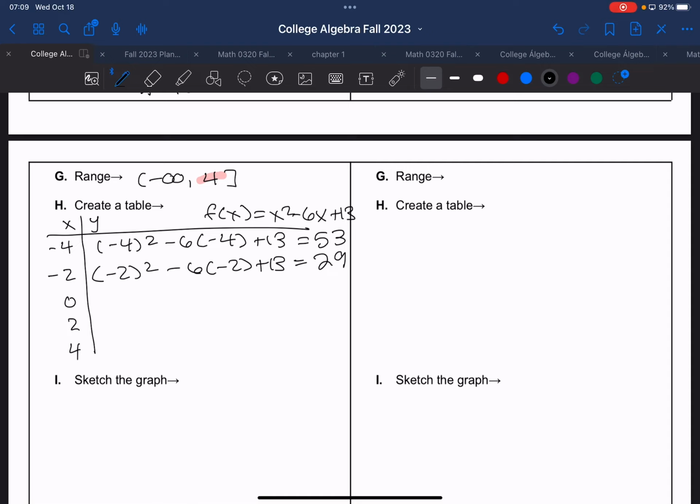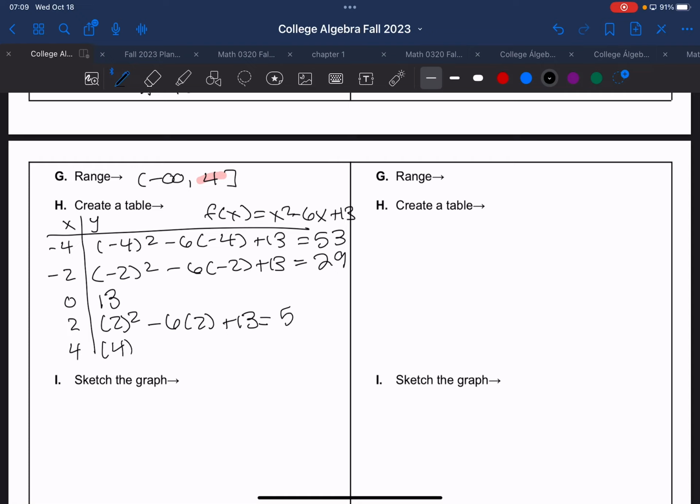And then we already did the one for 0. Because if we plug in 0, that's the same as finding which intercept? Your y-intercept. And we already said when we plug in 0, we got what number? 13. Okay. Then I'm going to plug in 2. And when I plug in 2, we get 5.